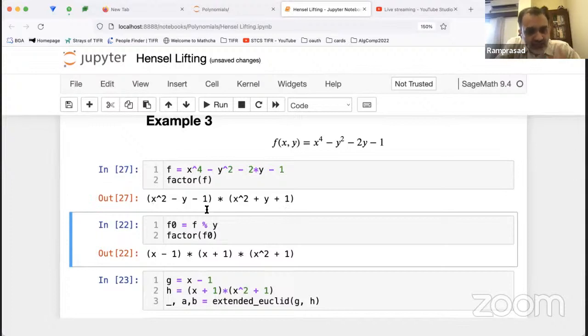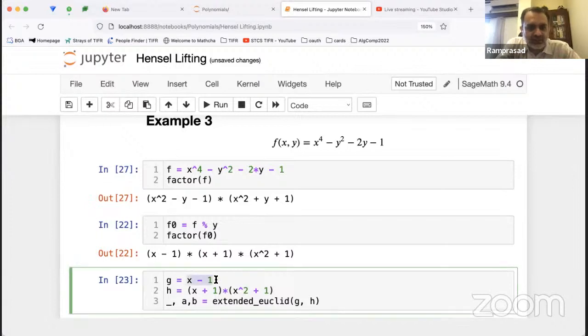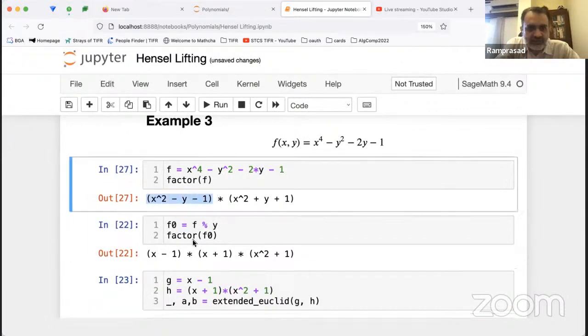And this x squared minus 1 term split further as x minus 1 and x plus 1. And we started by lifting this g, which is this x minus 1. Notice x minus 1 is not really corresponding to an original factor of f. It's only part of a factor of f. This was the original factor for f that ended up getting split into two other things, and we chose g to be just one part of it.